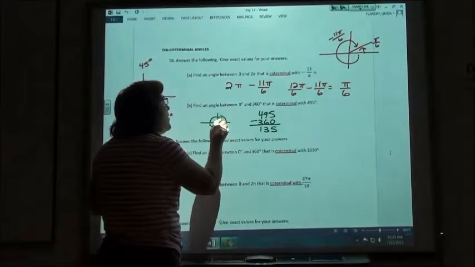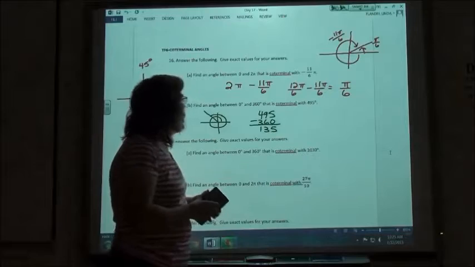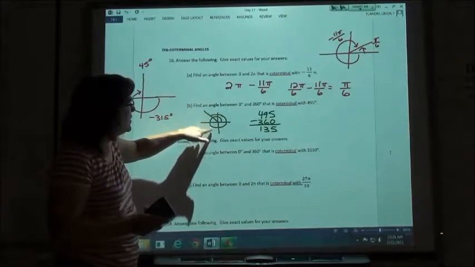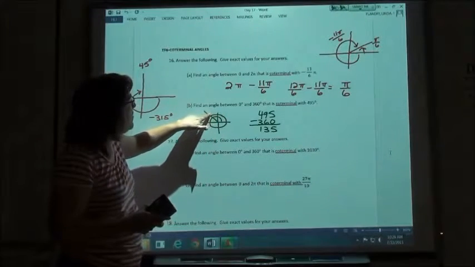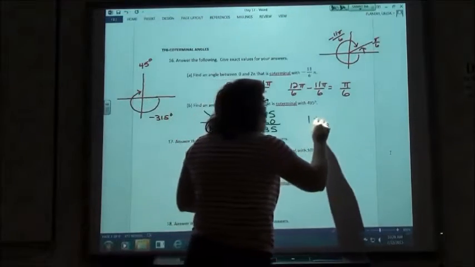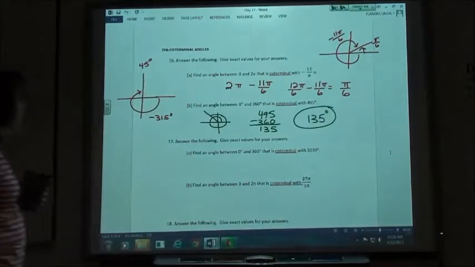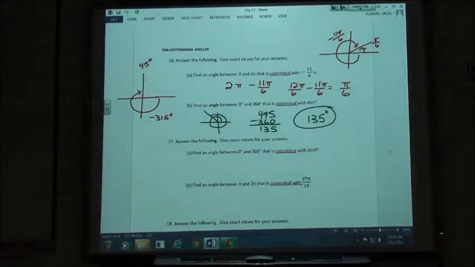So I end up over here. And so 495 degrees going once all the way around plus a little bit more would land you at 135 degrees. So those are coterminal. They end up landing in the same spot if I keep going around.